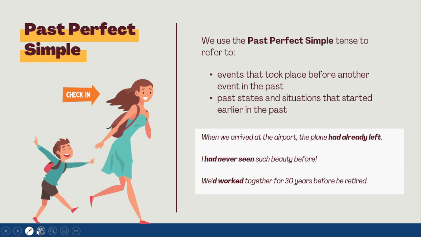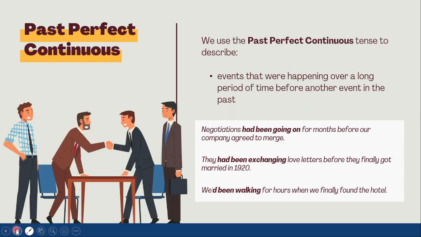Okay, the fourth tense that we also use to narrate events is the past perfect continuous. We use the past perfect continuous to describe events that were happening over a long period of time before another event in the past.